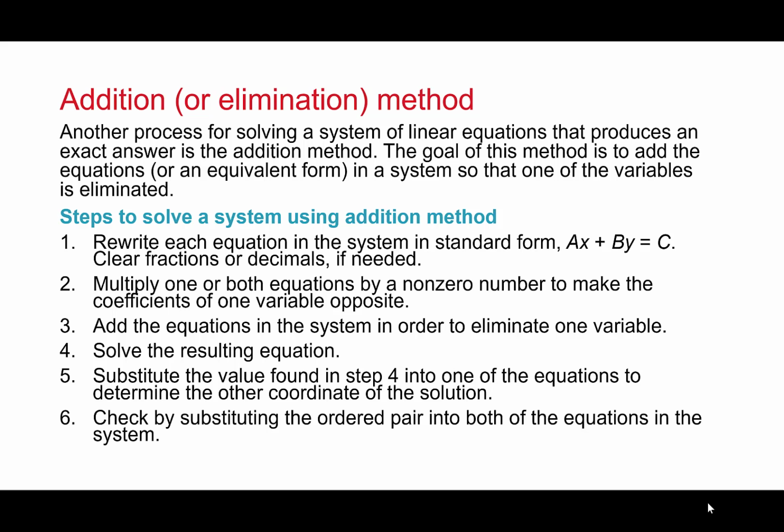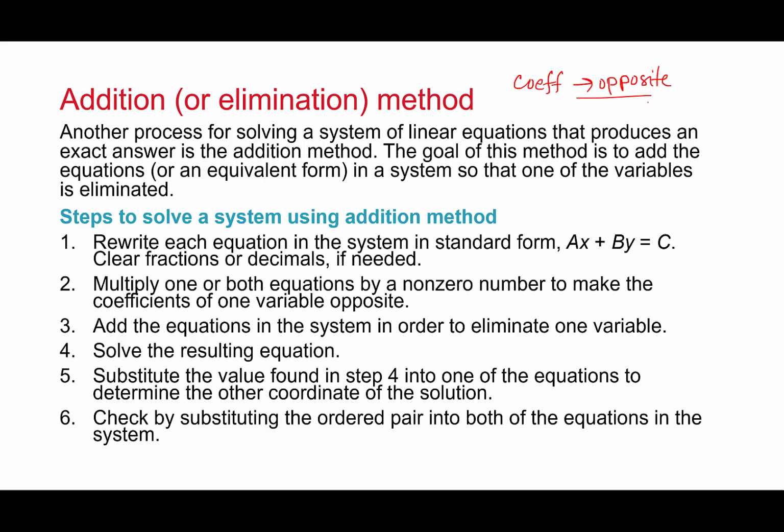And the only thing that we can do is multiply one or both of the equations by some non-zero number so that we get coefficients that are opposite to one another. So we want to make sure that each equation in the system is written in the same standard form. That is, the variable terms on one side, the constant on the other.